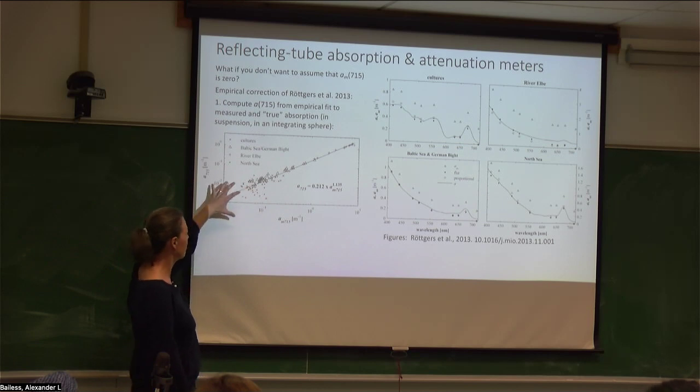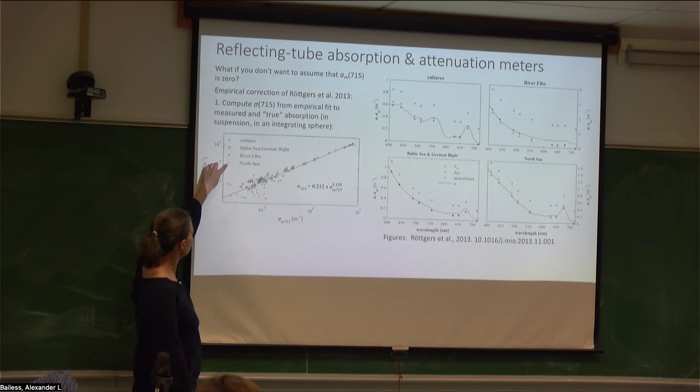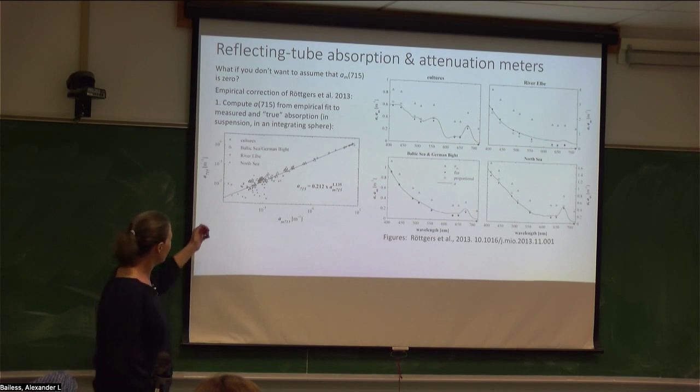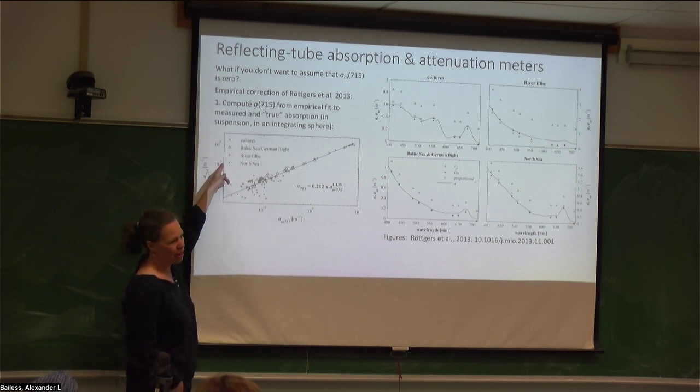So one, we're getting into kind of a noisier part of the data because it's lower, but also it's North Sea measurements and cultures. So phytoplankton cultures, we would really expect to not have a lot of absorption at 715. And the North Sea is the most kind of offshore of, like, this is the Baltic Sea and a river, right?